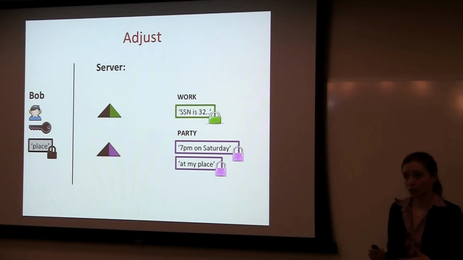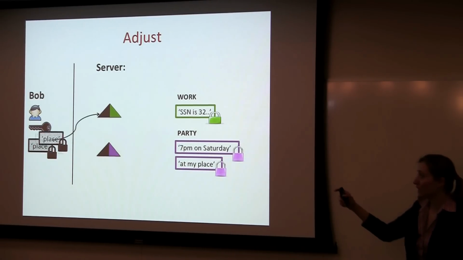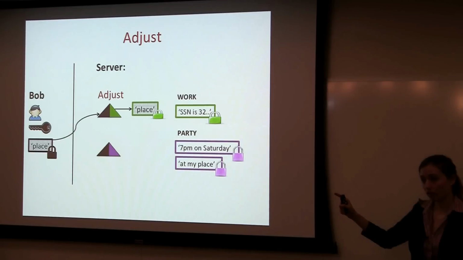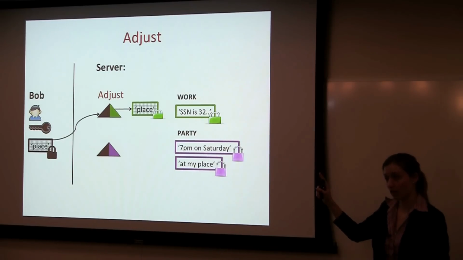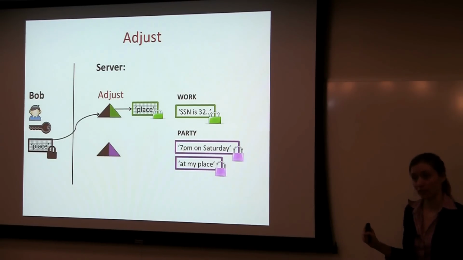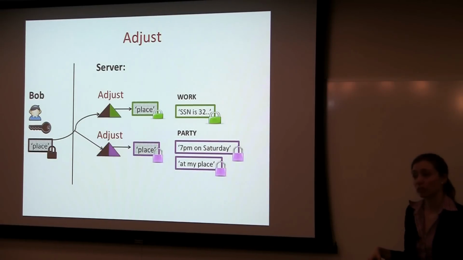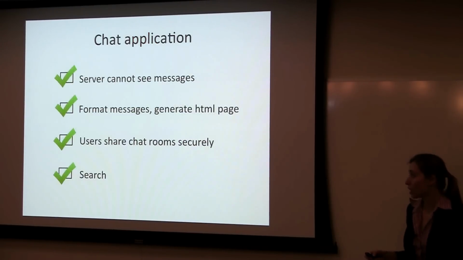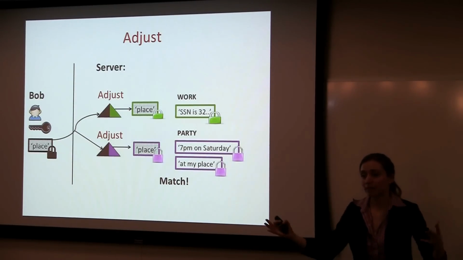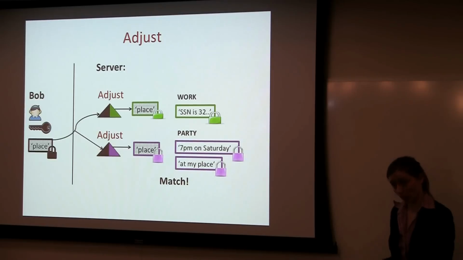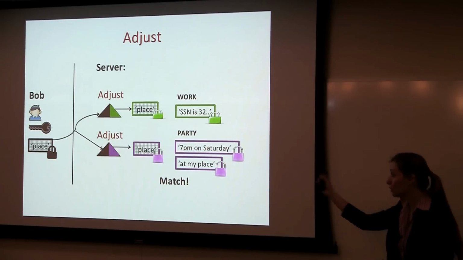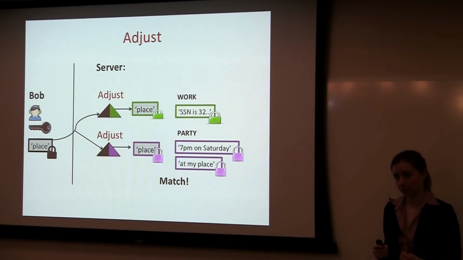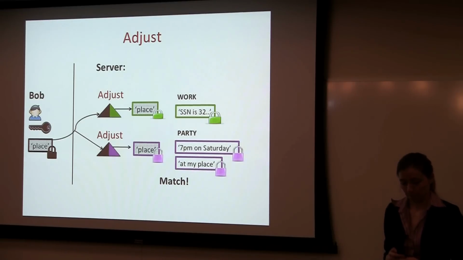When Bob searches for the word place, the server can use the delta to adjust the encryption of the word from the black key to the green key, and then it matches the encryption in the database. It can similarly do this for the purple key, and then the server can identify a match. So what we did is map the multi-key problem into a single-key problem by enabling the server to do this adjustment using the deltas. Now all that Bob has to do is encrypt the word under his key, and he's done.